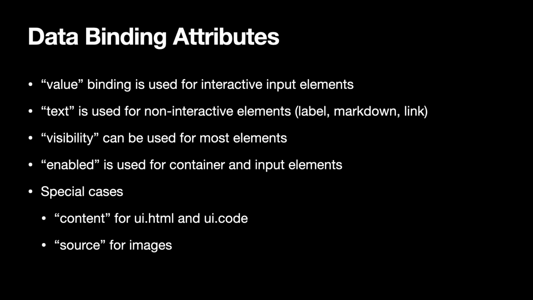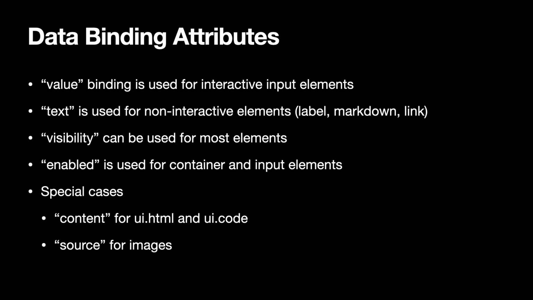You can bind various attributes of user interface elements. The attributes value, text, content, and source affect the content of an element. Which method to use depends on the type of element you are binding to. Specifying visibility or enabled will affect the behavior of an element.